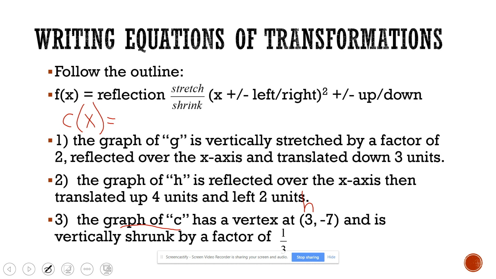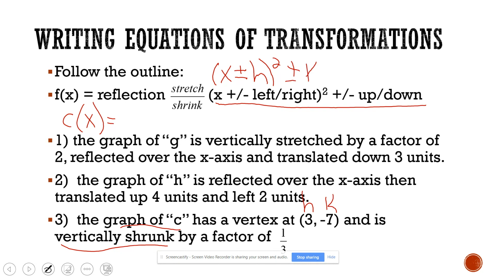So h is 3, -7 is k, and then vertically shrunk by a factor of 1/3. So then the only difference between the outline we currently have and vertex form is this area right here where we would have x plus or minus h squared plus or minus k.